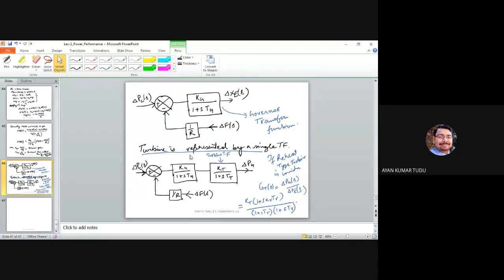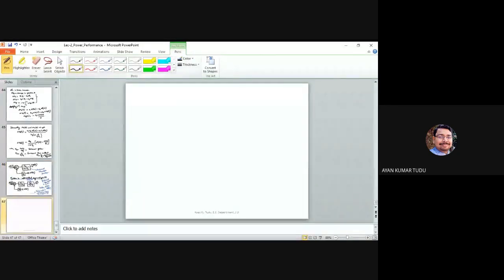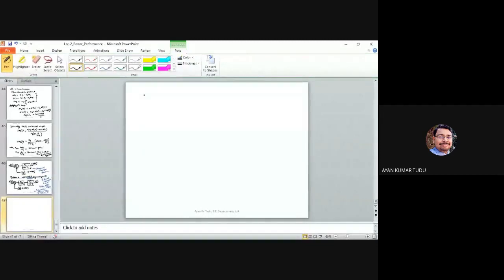So delta PG is equal to the increasing power output, and delta PD would be equal to the increasing power demand. We are considering that delta PG is greater than delta PD.